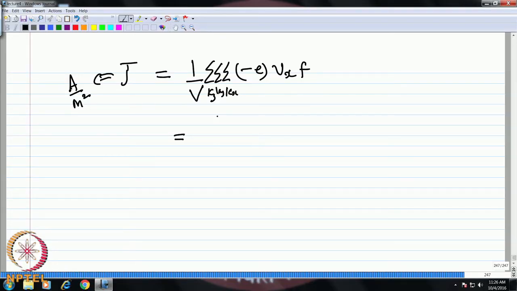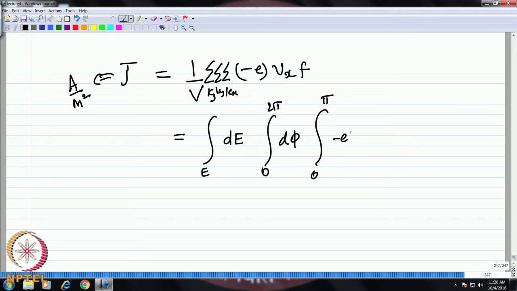So, we have one integral over dE and then 0 to 2 pi d phi and then we have 0 to pi minus E into V of x f, we have density of states d of E by 4 pi sin theta d theta.